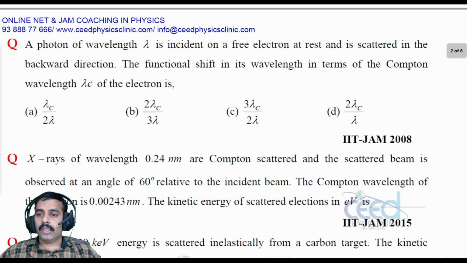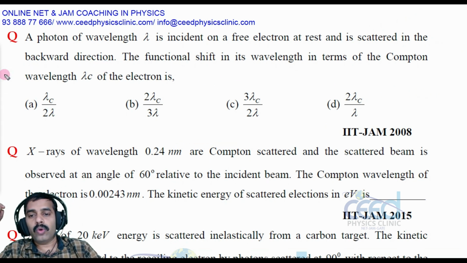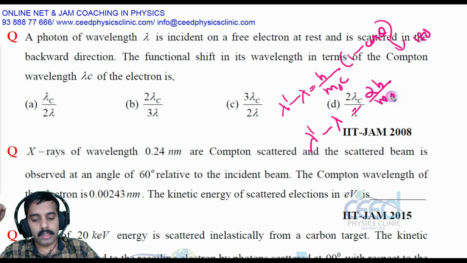Okay, now let us go to another question. Here the question is, a photon of wavelength lambda, right? So from the Compton relation we already know lambda dash minus lambda is equal to h by m0c into (1 minus cos theta). Now the electron is initially at rest and the photon is scattered in the backward direction. So theta is equal to 180, right? So lambda dash minus lambda is equal to 2h by m0c, right?